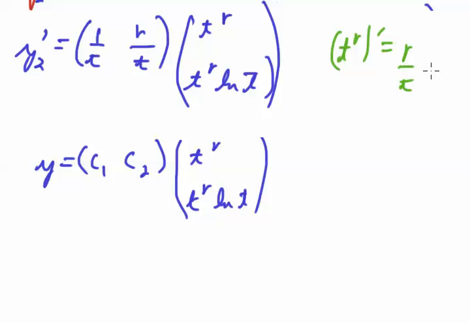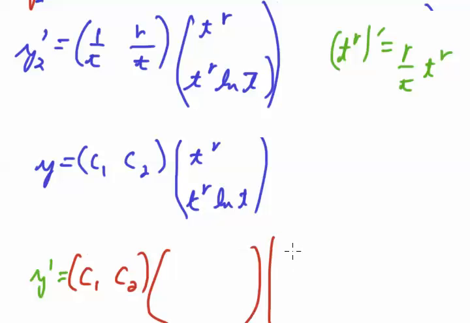So if I took y prime, we're still going to have our c1 and c2 in there. But then I'm going to put another matrix in between, t to the r natural log of t, where c1 is associated with that t to the r, and we're going to have r over t times t to the r plus 0 t to the r natural log of t.